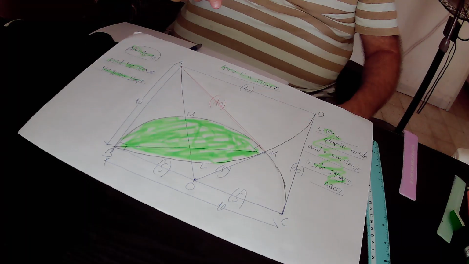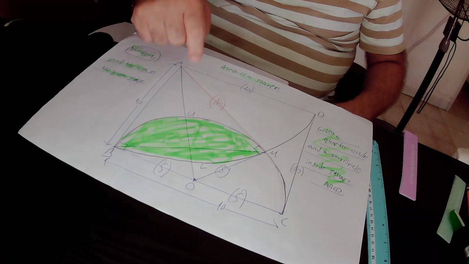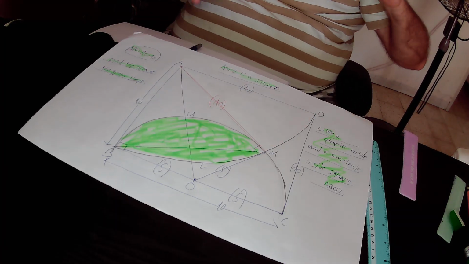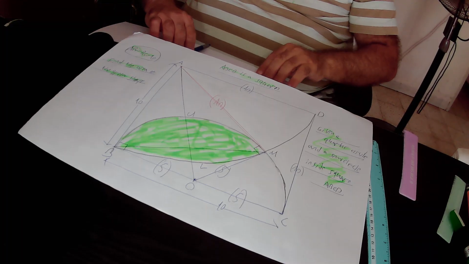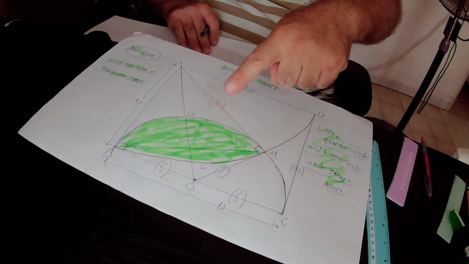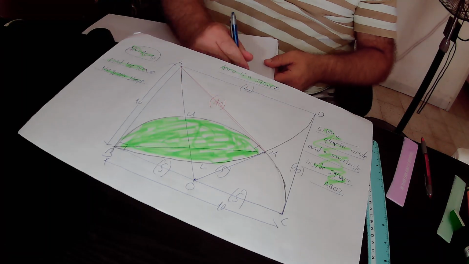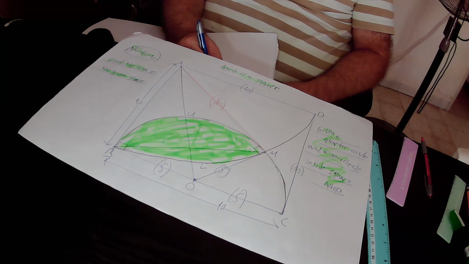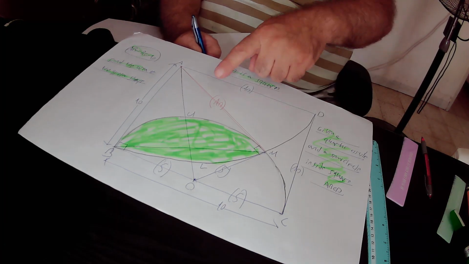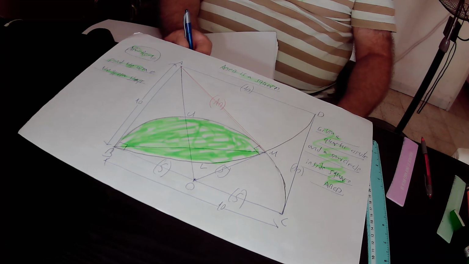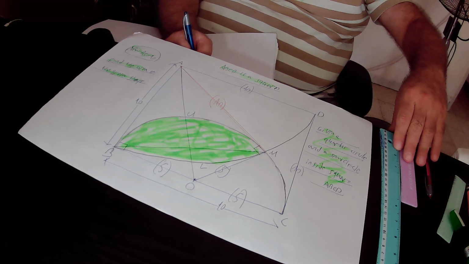We'll prove that the right triangle ABO is congruent to the right triangle AOM according to the side rule.